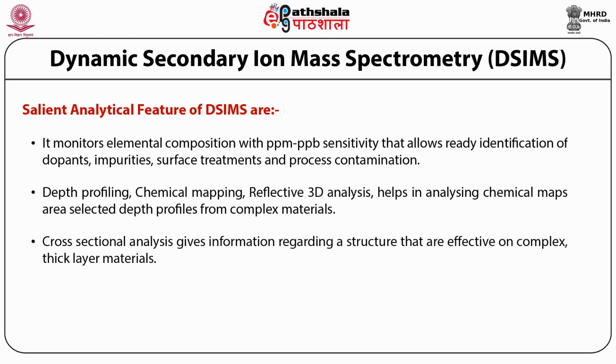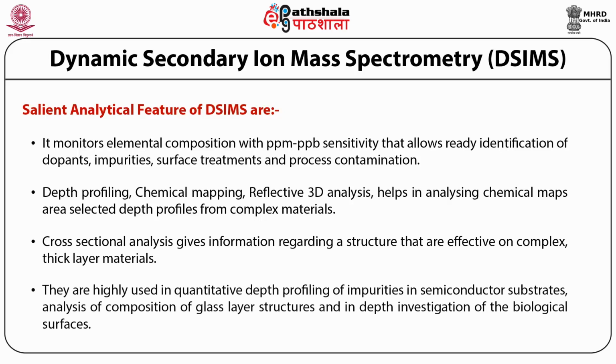The cross-sectional analysis gives information regarding structures and is effective on complex or thick layer materials. They are highly used in quantitative depth profiling of impurities in semiconductor substrates, analysis of compositions of glass layer structures, and in-depth investigation of biological surfaces.